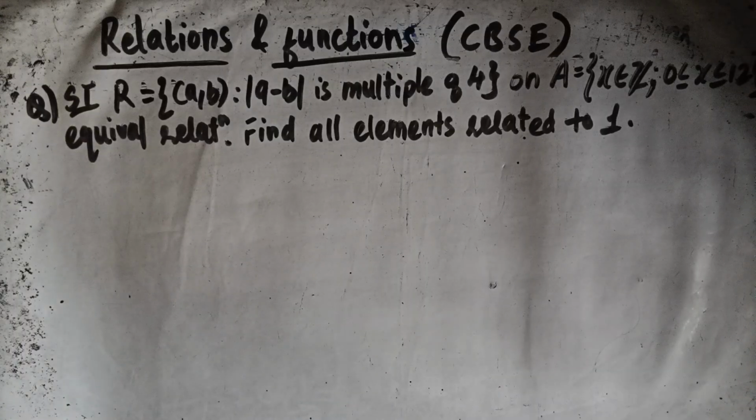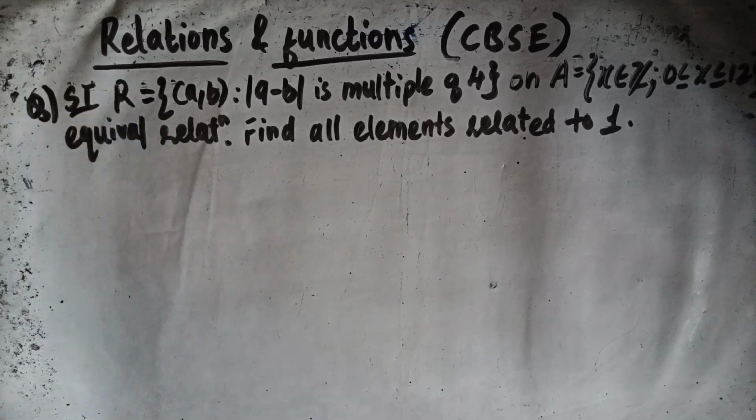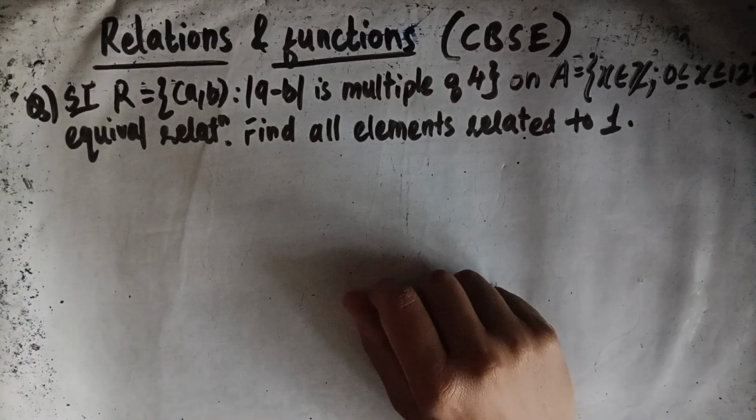Next question: show that R, the relation set defined as the set of all (A, B) such that mod of A minus B is a multiple of 4, is an equivalence relation.